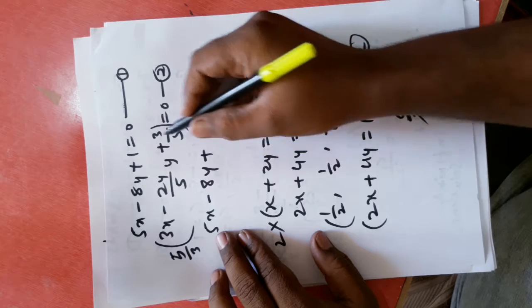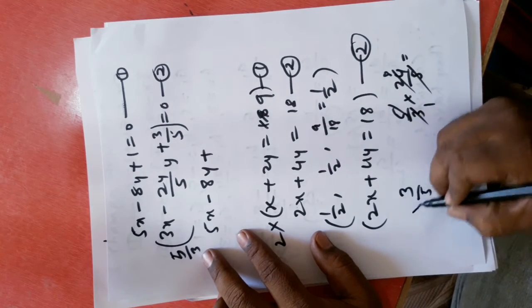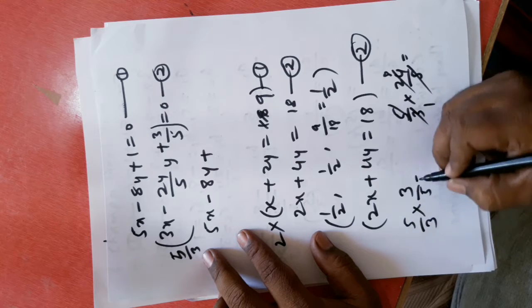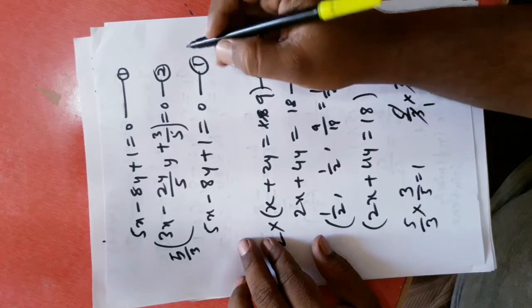Then if you multiply 3 by 5 by 5 by 3, it will give 1. This is nothing but equation 1.